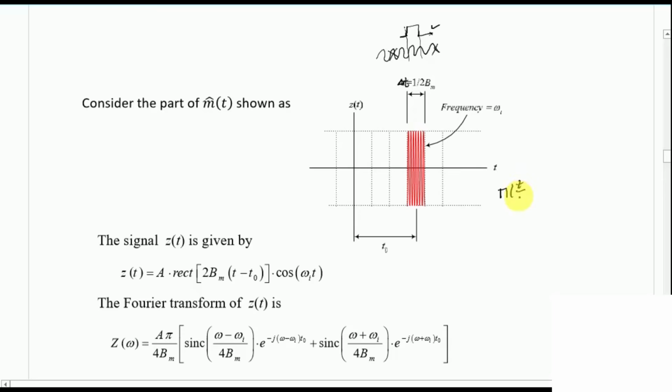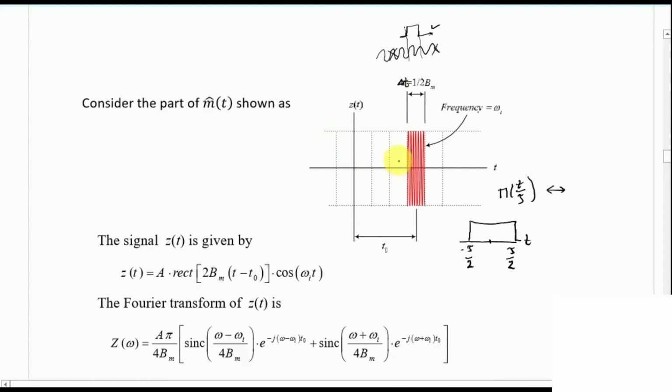The rect of t by tau is simply, if we plot it, from minus tau by 2 to tau by 2 in the time domain, right? So what we need is a delta t which is 1 over 2 bm.